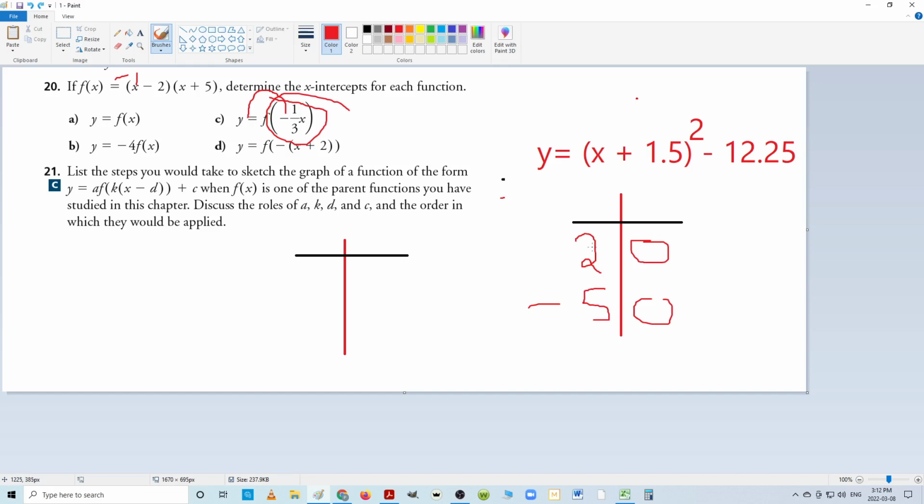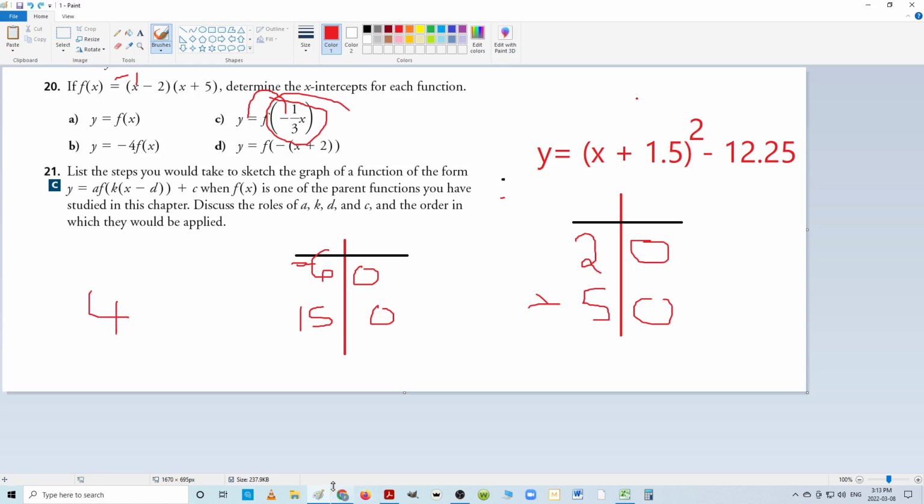So if I multiply this by negative 3, I get negative 6, 0. And if I multiply this by negative 3, I get plus 15, 0, which would put the asymptote halfway between that, which is 21 over 2, or 10 and a half, so it's at 4.5.